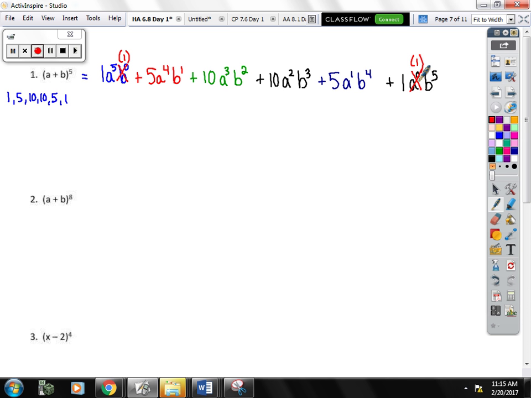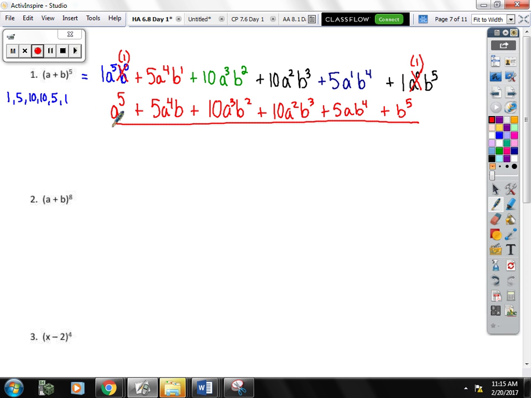But if we were to simplify this, our answer would be a to the 5th plus 5 a to the 4th b, plus 10 a cubed b squared, plus 10 a squared b cubed, plus 5 a b to the 4th, and plus b to the 5th. So again, typically we'll just not write the b to the 0 so that we don't have to repeat all of that work. But I like to show it in the notes so that you see it for the first time and why that does kind of disappear.